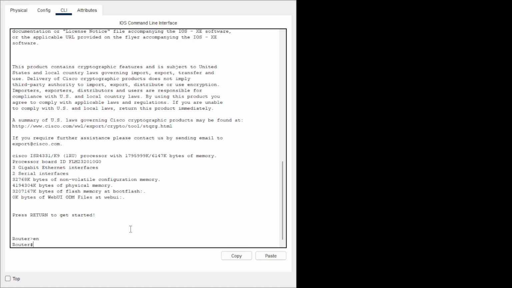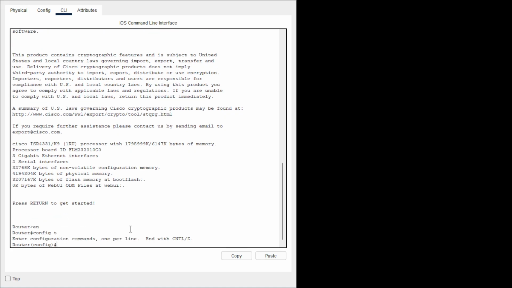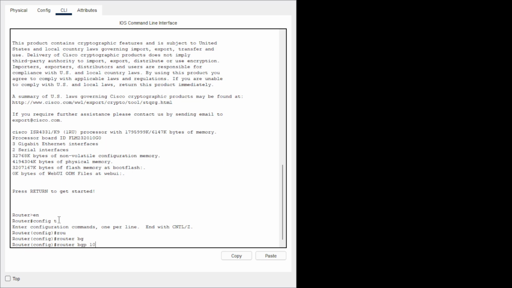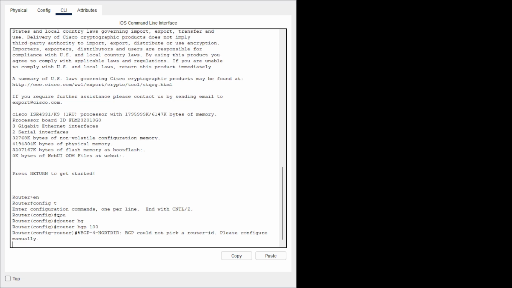Enable, config T, and here router BGP, ASN number is 100.